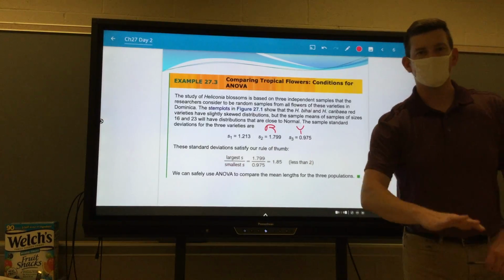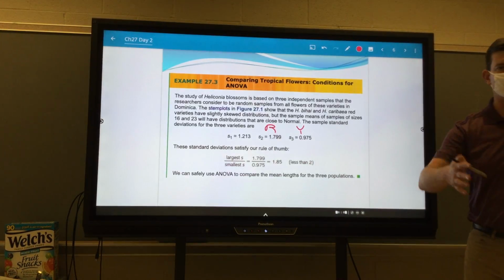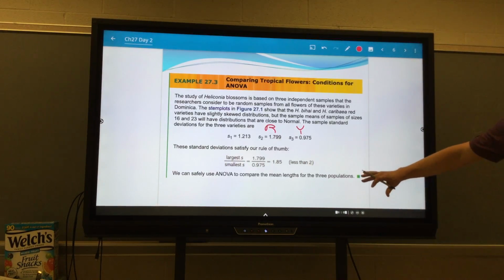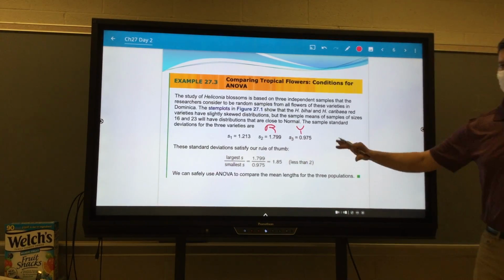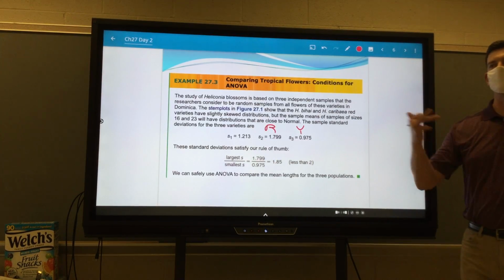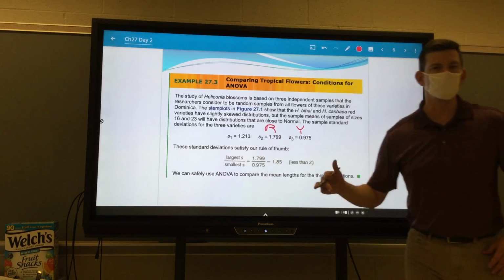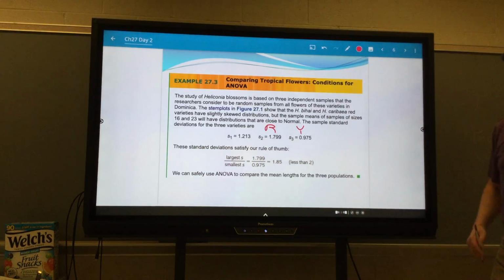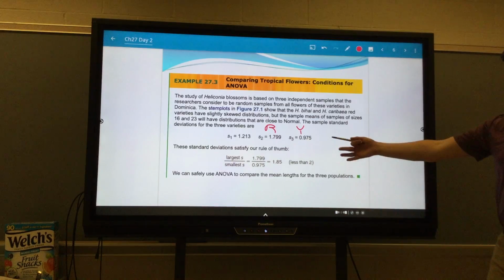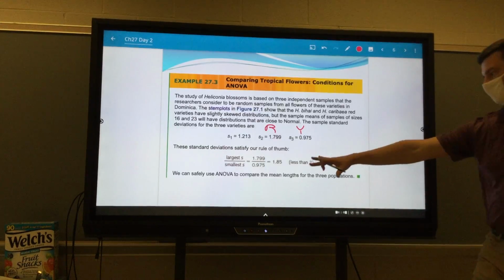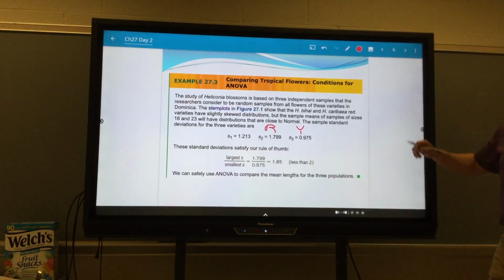No. If you see something like that on a test, you continue forward, but you should make note that you should proceed with caution, that these might not be completely accurate results. You need to be careful with your interpretation. In this case, with our flower example, it is less than 2. We can safely use ANOVA to compare the mean lengths for those 3 populations.